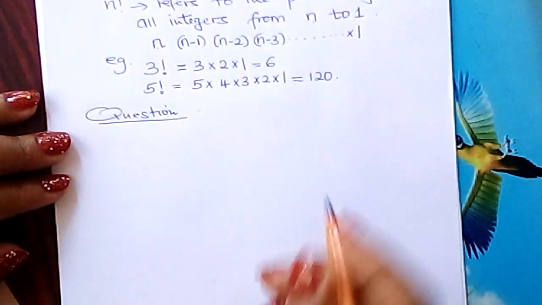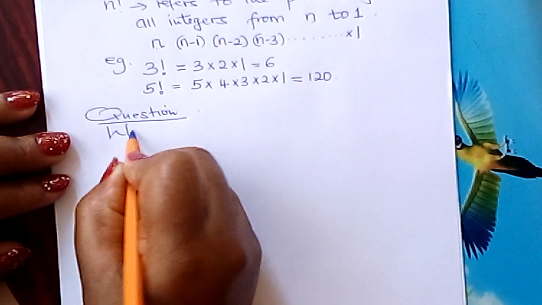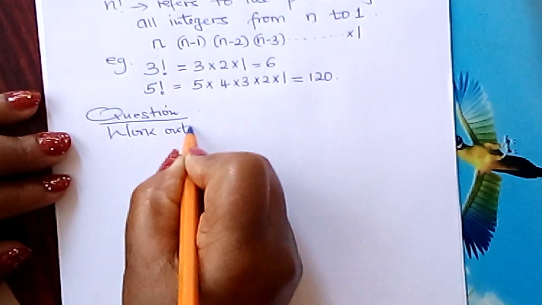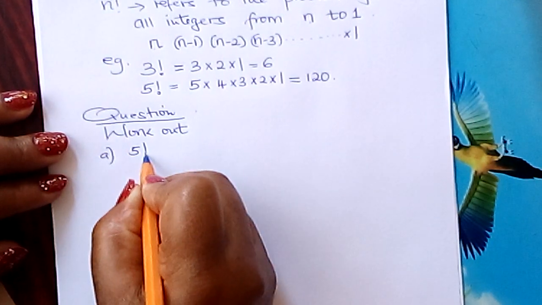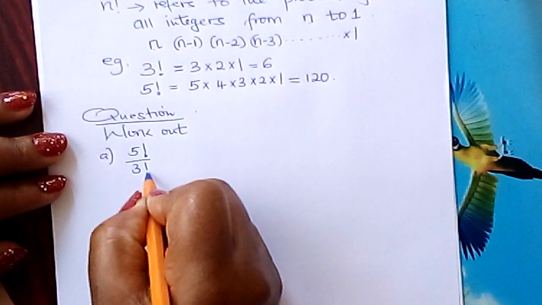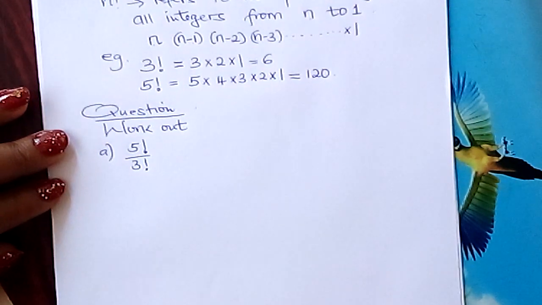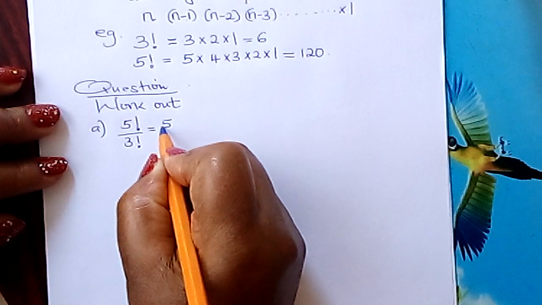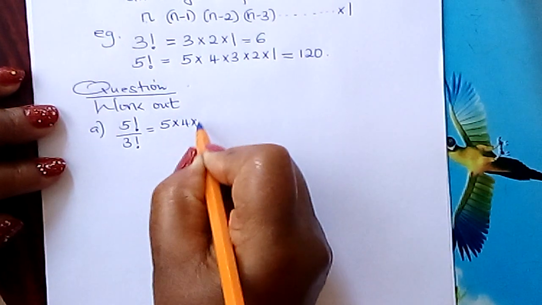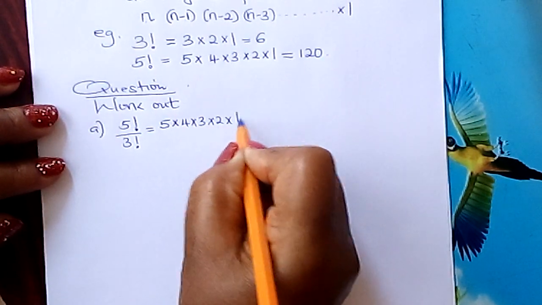And therefore, learner, suppose you are given a question and you are told, work out 5 factorial divided by 3 factorial. So you write the multiplication. 5 factorial is 5 times 4 times 3 times 2 times 1.